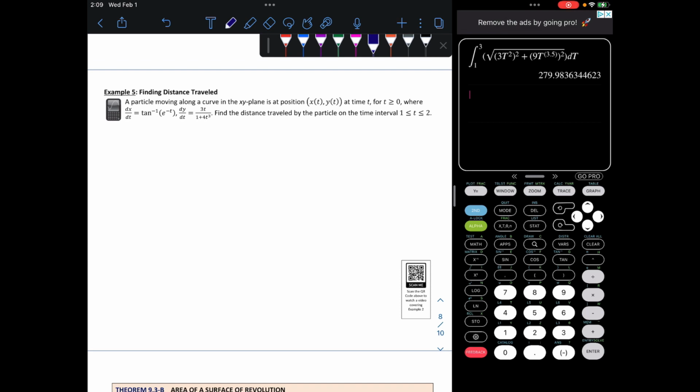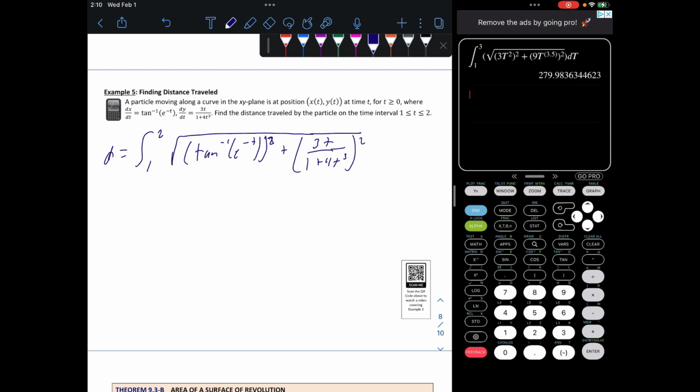So distance traveled is just the integral from 1 to 2 of the big square root of (dx/dt) squared plus (dy/dt) squared, dt. Be careful typing this one in.